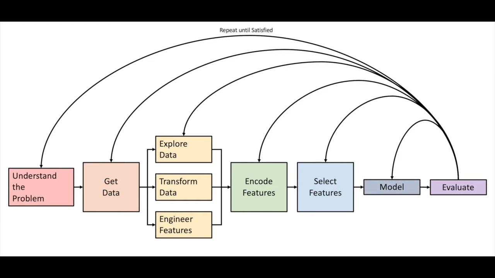Number three, you might see these listed separately, but I put them all in the same step because they're things that I think you need to be doing together. All right, and that's explore, transform, clean, and engineer features. I think you need to be doing all of those at the same time. While you are exploring, any sort of errors in the data or anything that you come across, you need to clean those.